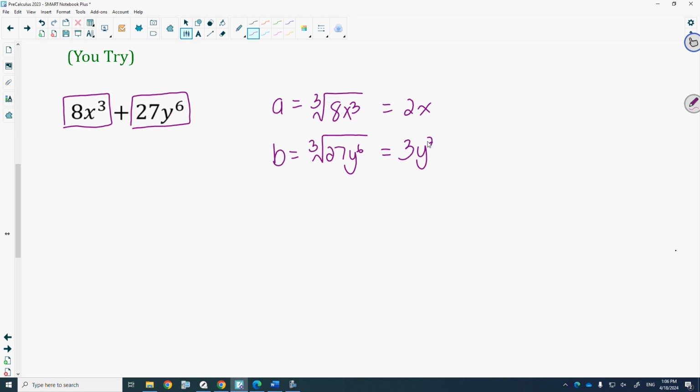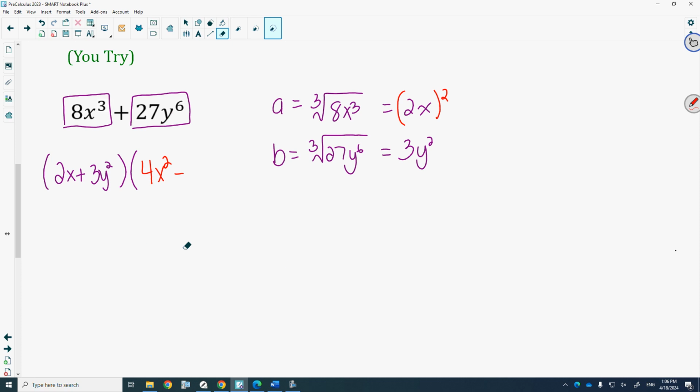So then this is a sum of cubes. For a sum of cubes, the first factor is A plus B. So it'd be 2x plus 3y squared. And then the second factor is going to be A squared. So this squared would give me 4x squared. Plus, it's a sum of cubes, so sum of cubes actually has a minus here.